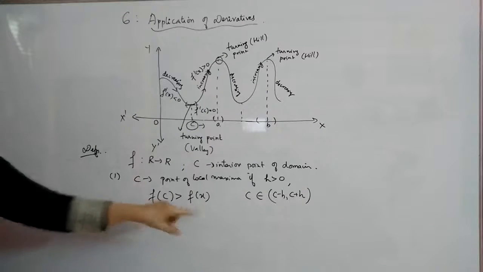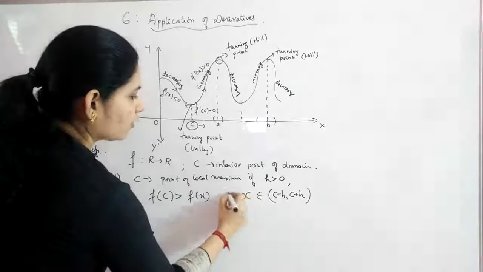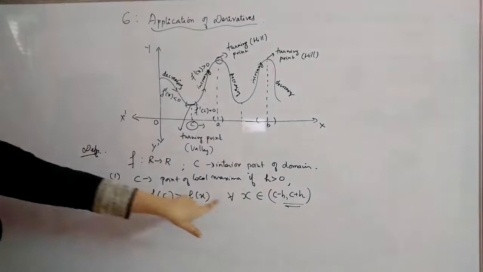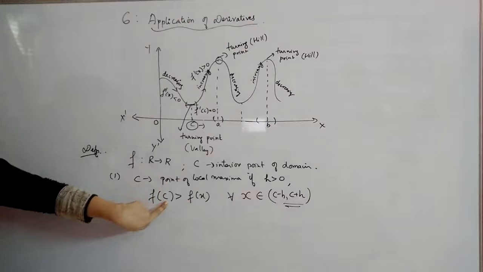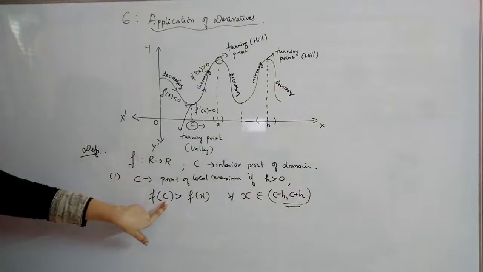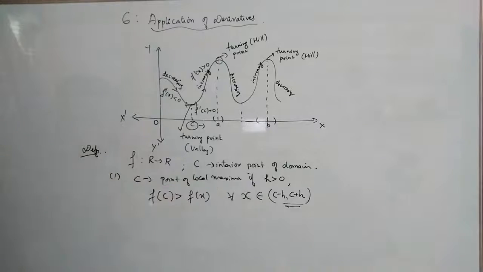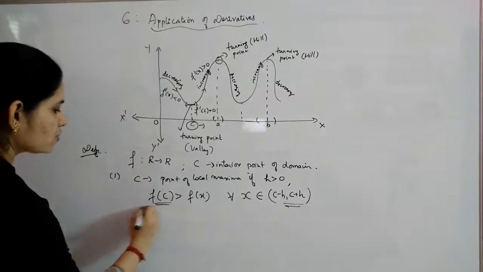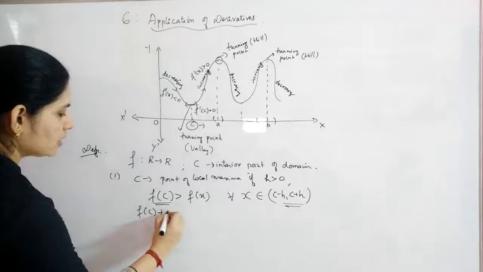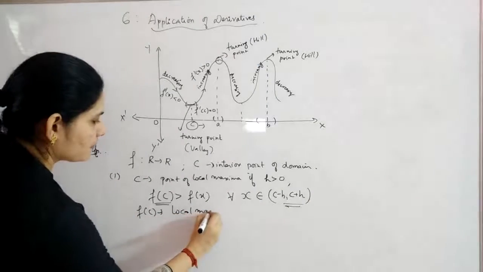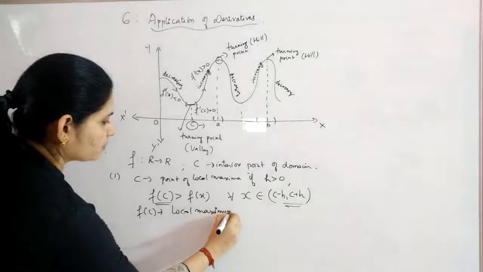So if for all x belonging to this interval, this point c gives the maximum value of the function, then you will say that c is a point of local maxima, and the value which you got, that is f of c, is called the local maximum value.